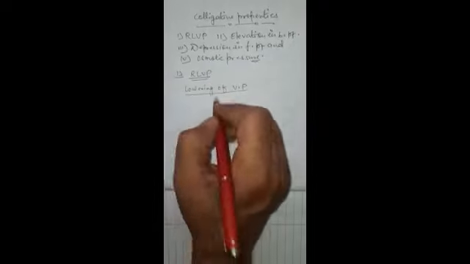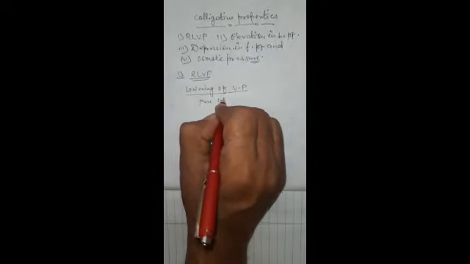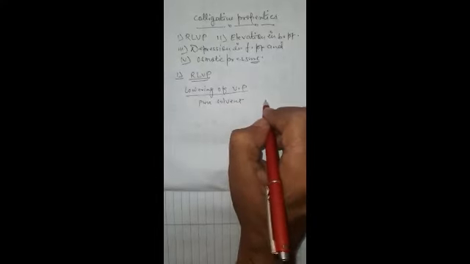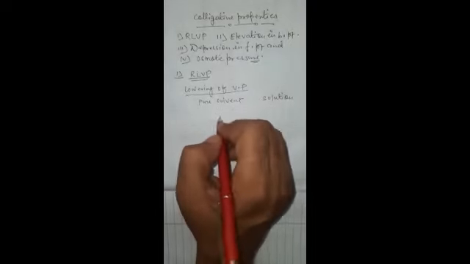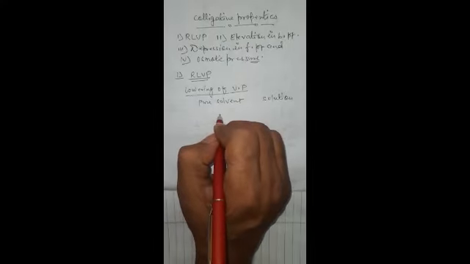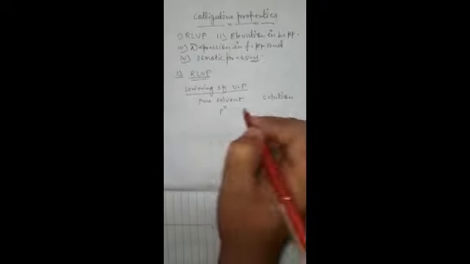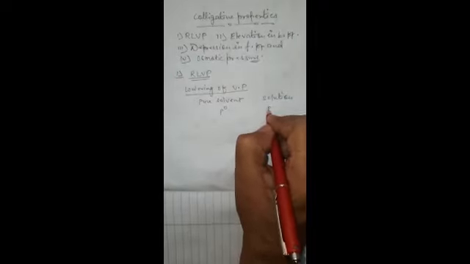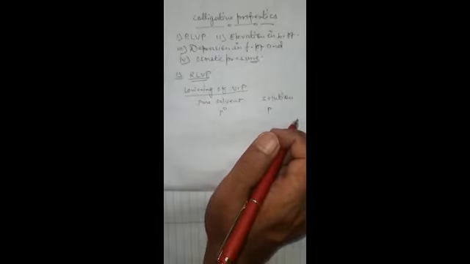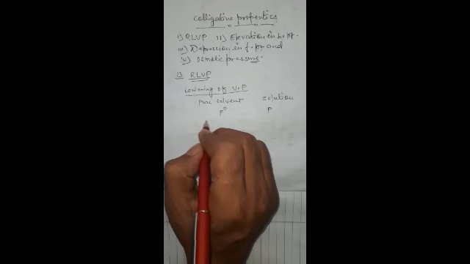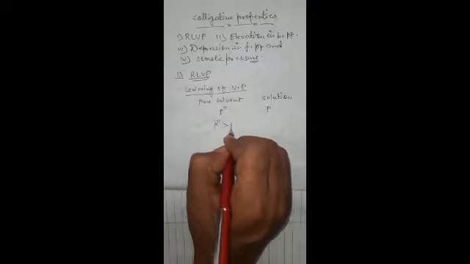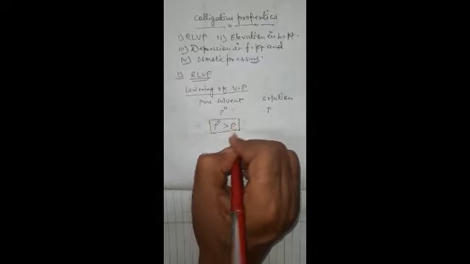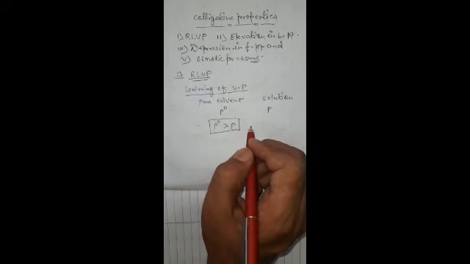If we have pure solvent and solution, vapor pressure of pure solvent is denoted by P naught and vapor pressure of solution is denoted by P. And as we know that vapor pressure of pure solvent is greater than vapor pressure of solution, that is P naught greater than P.